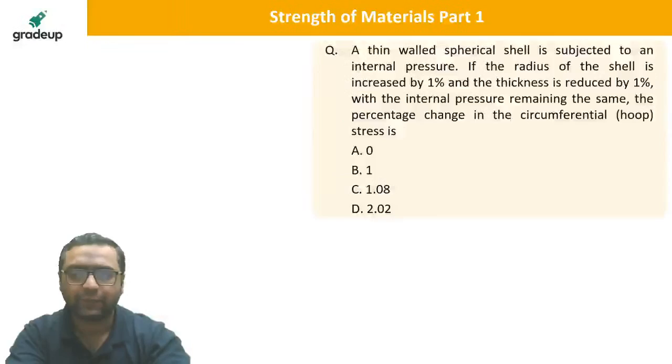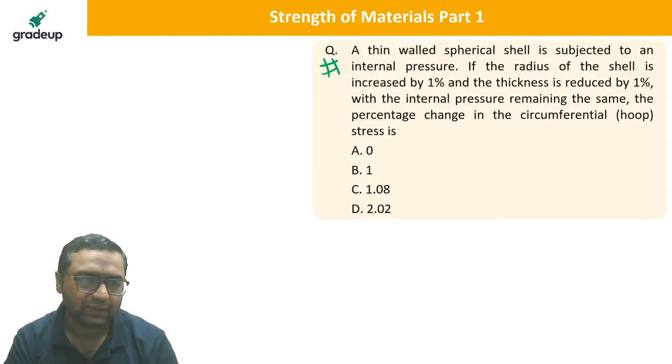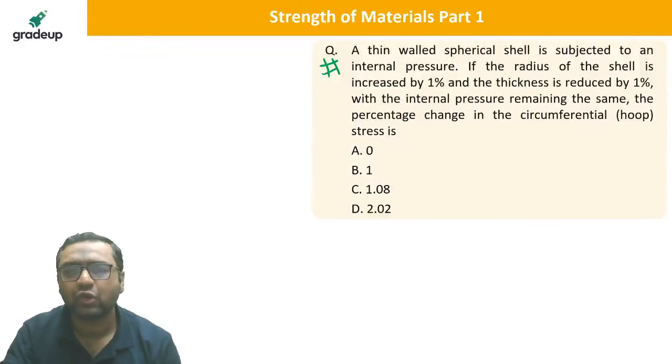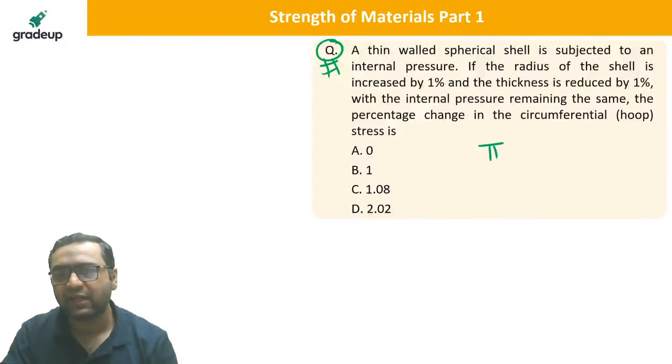Next question is this one. This is a wonderful question. Yes, Parth, Mukul, Shaktivel, Junaid, all of you are correct. Now solve this question. This is a wonderful question from thin sphere. This is a question from thin sphere, guys.